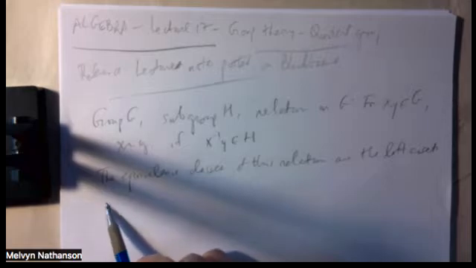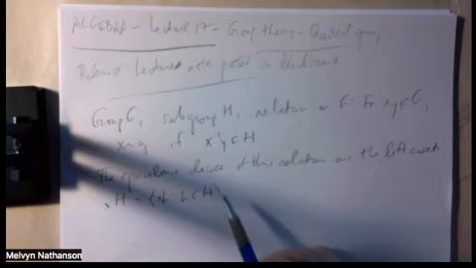So the left coset XH, where H is the subgroup and X is an element in the group, is the set of elements of the form X times H, where H is in the subgroup capital H.